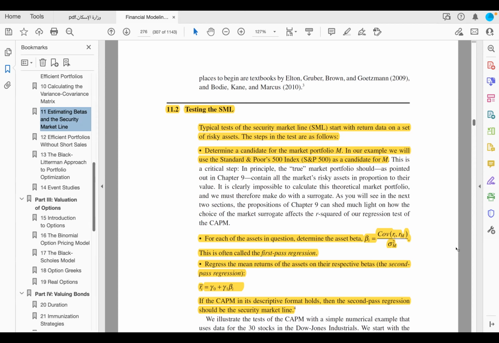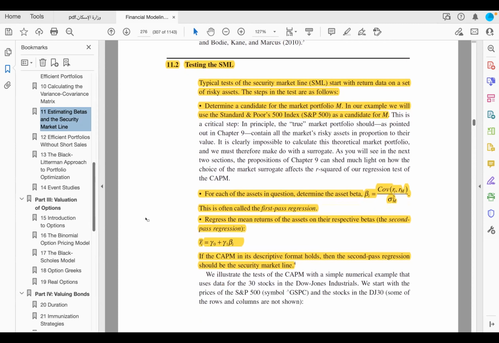We have S&P 500, we have Russell, we have also Amex. So we have all sorts of indexes, but the most famous one is the S&P 500. Then next step, for each of the assets in question, determine the asset beta, which is the covariance divided by the variance of the market.